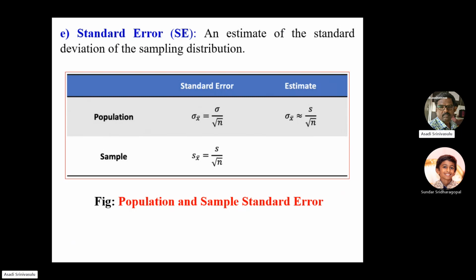An estimation of the standard deviation of the sampling distribution is called the standard error, SE. For the population, sigma x bar equals sigma by square root of n. We estimate sigma x bar as approximately s by square root of n. For a sample, the standard error s of x bar equals s by square root of n.